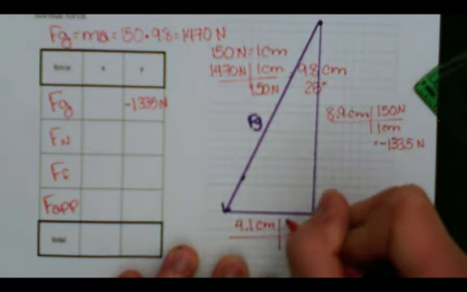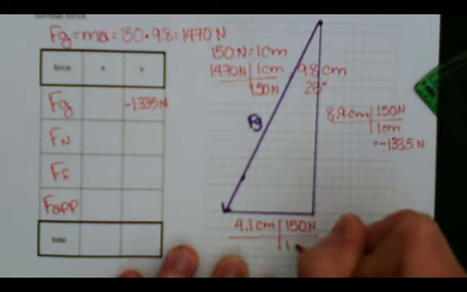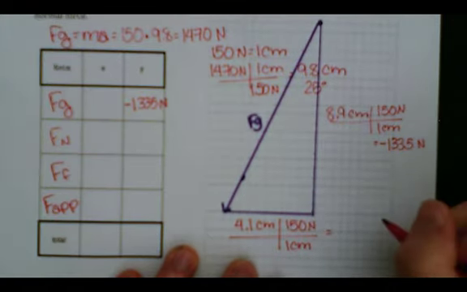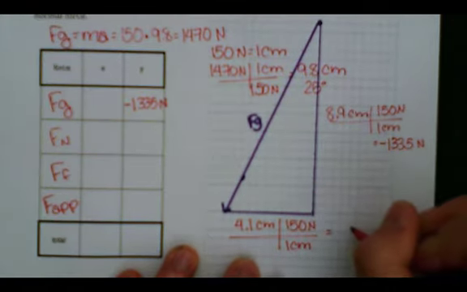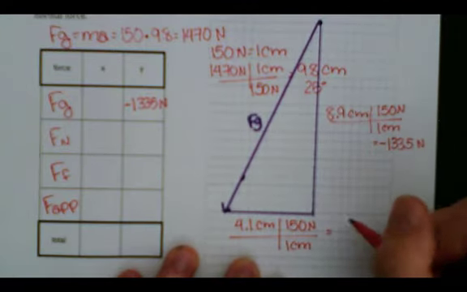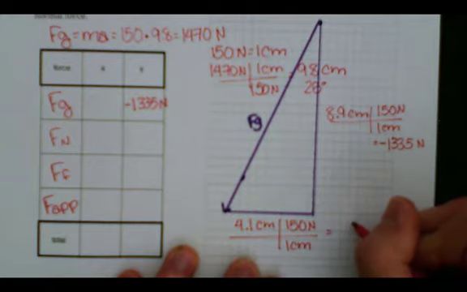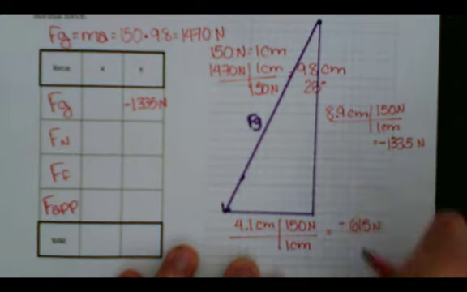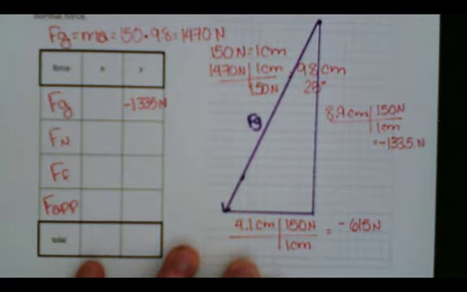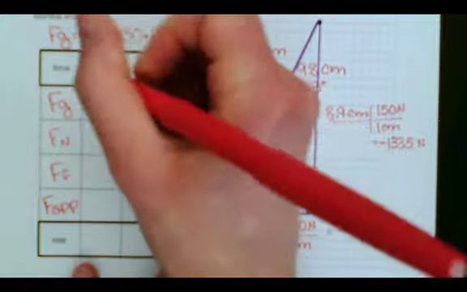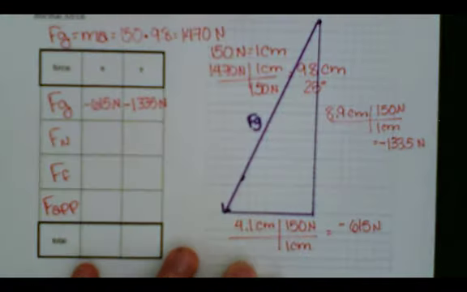Using my conversion factor of 150 newtons per 1 centimeter, I can determine that the length of my gravitational vector in the horizontal direction is 615 newtons. Because it acts to the left, my horizontal component is also negative. The x component of my gravitational vector is negative 615 newtons.